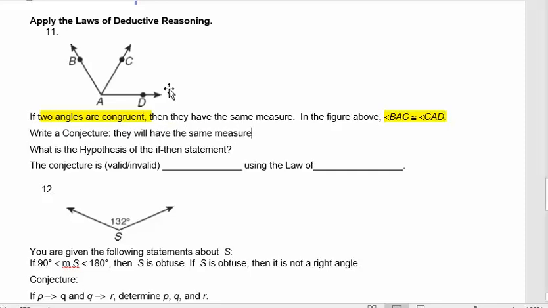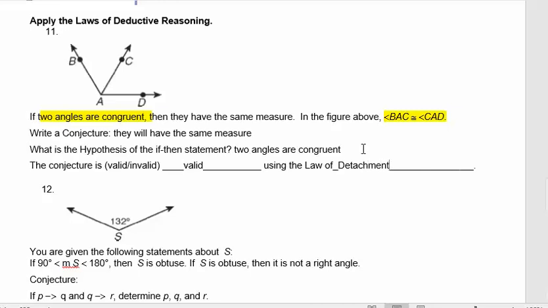It's just this right here. So the hypothesis of the if-then statement is two angles are congruent. The conjecture is valid using the law of, this was called the law of detachment.